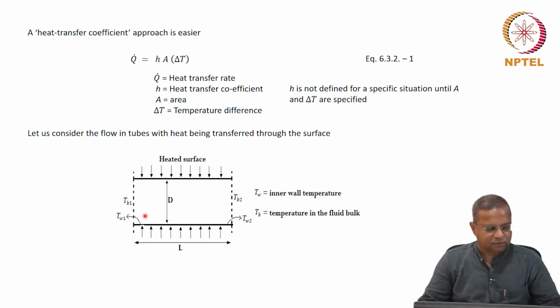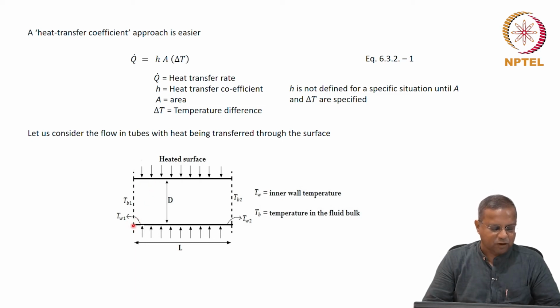The layer that is closest to the wall is expected to be at a different temperature if the heat transfer is happening, otherwise the heat transfer will not happen. There has to be a temperature difference. So, let us say that the wall temperature at cross section 1 is TW1, and the wall temperature at cross section 2 is TW2. So, this is our terminology here.